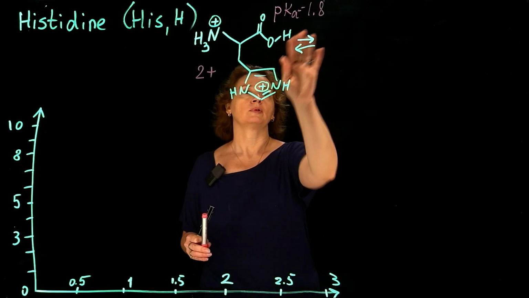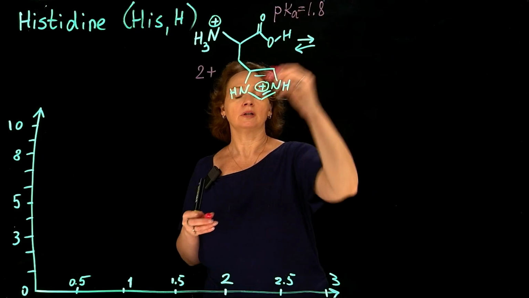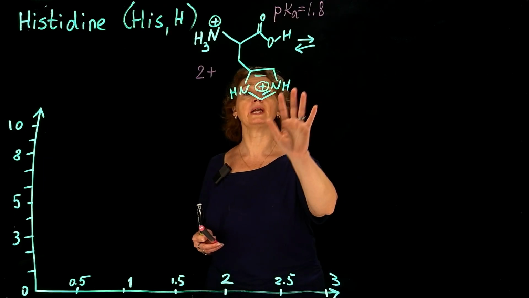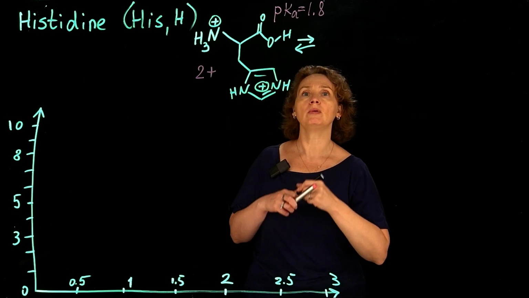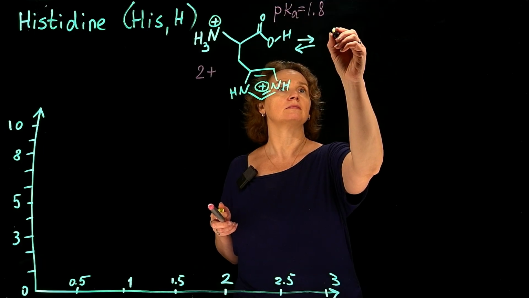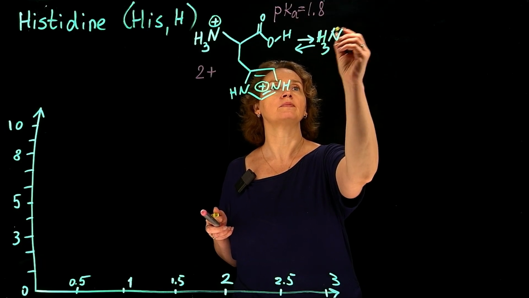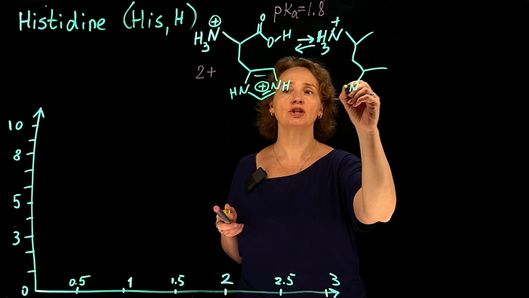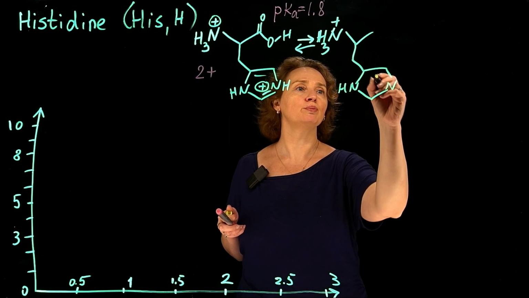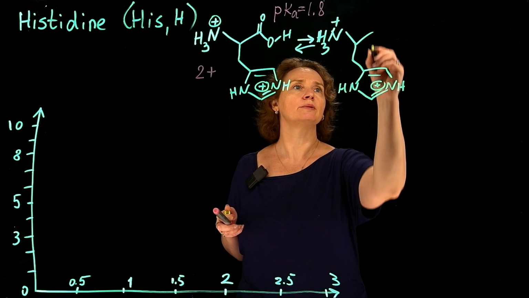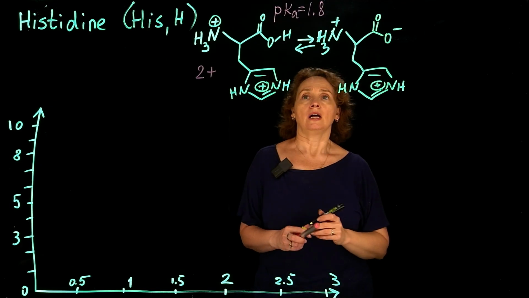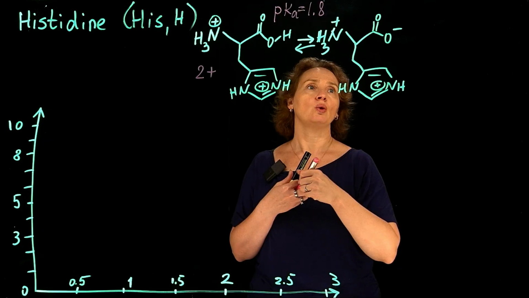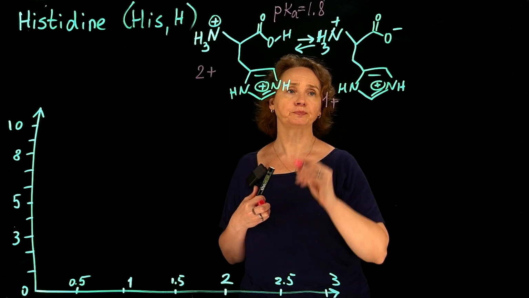So after we have a pH above the pKa of 1.8, the predominant form will be that form in which we still have a protonated amino group and a protonated side chain, but our carboxyl group will be deprotonated. And of course, the charge here would be 1+.